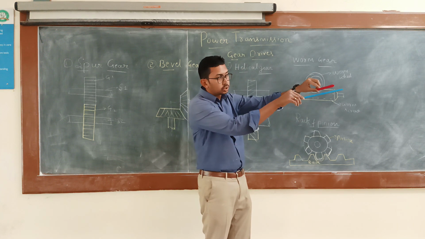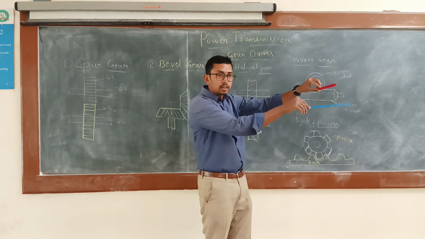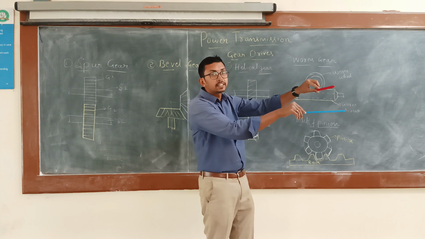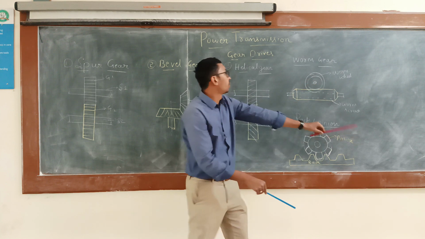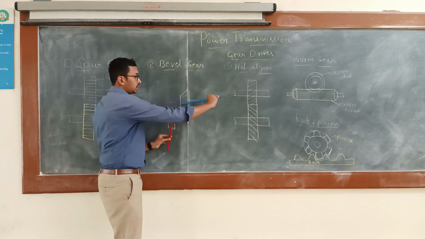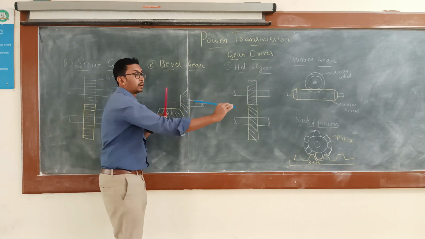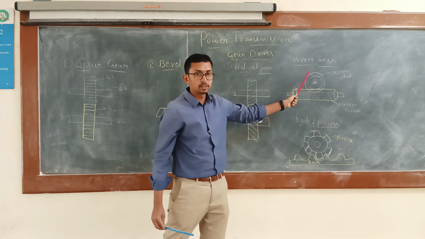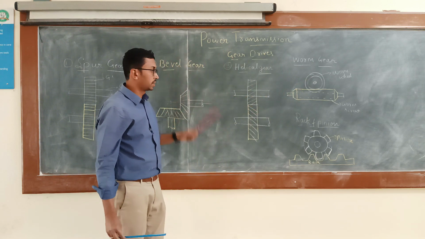That means the two shafts are perpendicular to each other but non-intersecting. Whereas in the bevel gear, the two shafts are perpendicular to each other but intersecting. That is the major difference between the worm gear and the bevel gear.